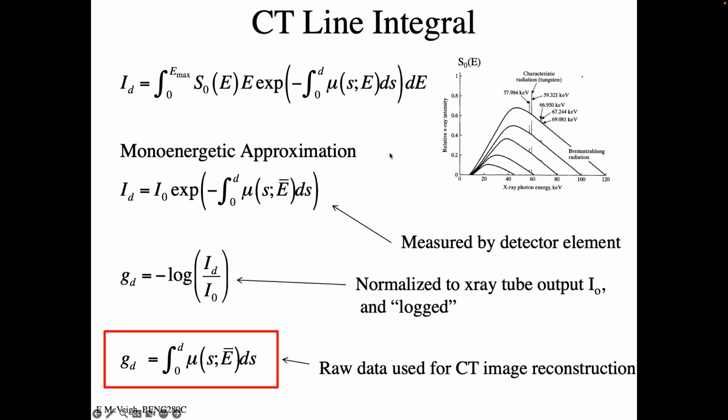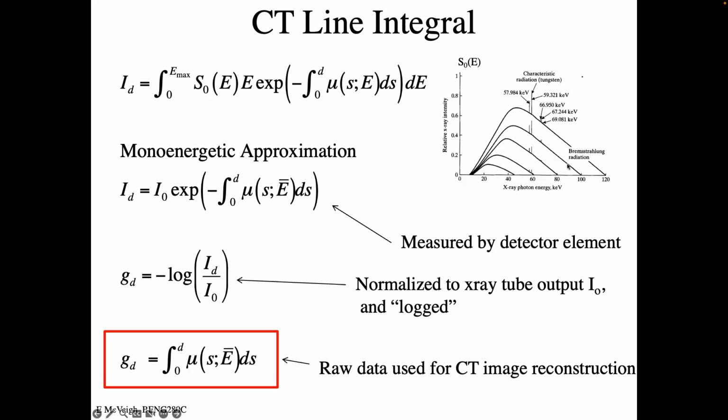If you really want to do the total simulation of what's going on, you need to know this function, which is the relative number of photons at a specific energy, and you integrate over energy. However, you can also just assume they're all at one energy, which is the mean of this distribution.